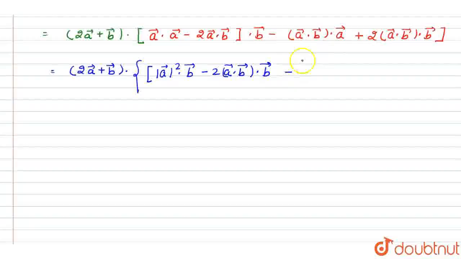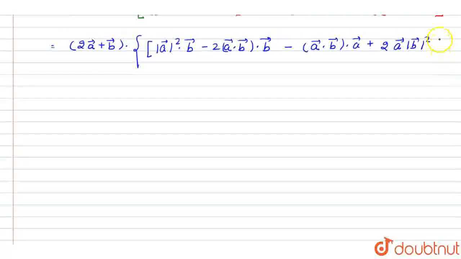Now we have a vector dot b vector times a vector, and b vector dot b vector, which is equal to magnitude b vector square.